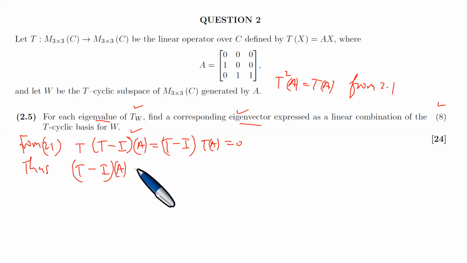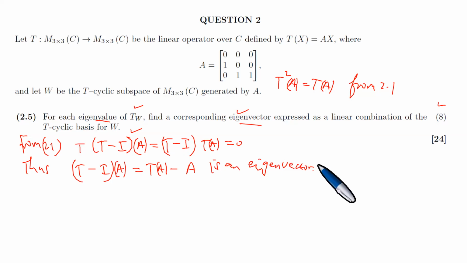So what does this give us? It gives us TA minus I of A, but I is the identity map, so it fixes the matrix. So TA is an eigenvector. You just learned how to find eigenvectors here.